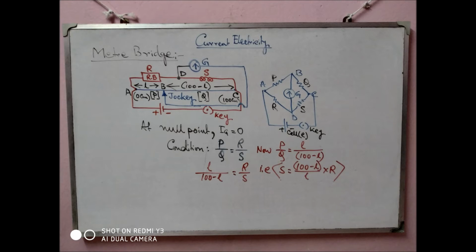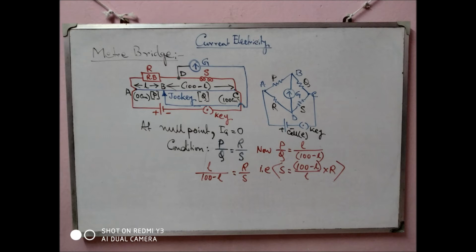So to avoid that, for the 1 meter long wire of the meter bridge we use a material such that due to change in temperature, resistance will not change much, only a very small, negligible change. That means the temperature coefficient of resistance is nearly zero.